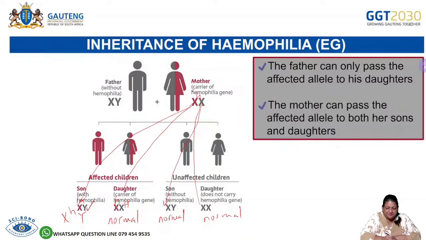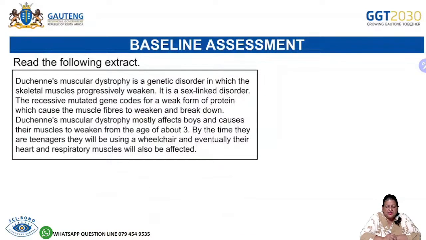All right. Now let's look at it. This is a baseline assessment where you've now done sex-linked diseases. Duchenne's muscular dystrophy is a genetic disorder in which the skeletal muscles progressively weaken. It is a sex-linked disorder. That means we know it must be having an X, right?